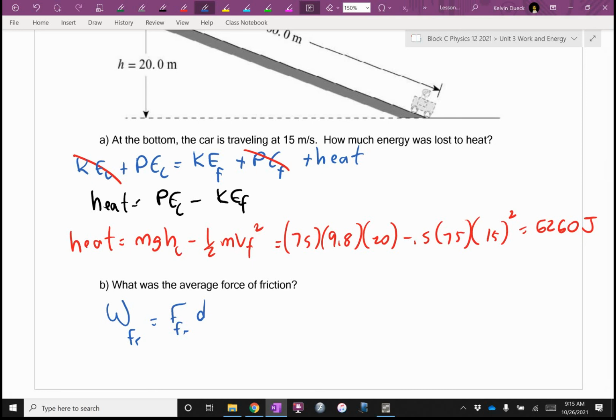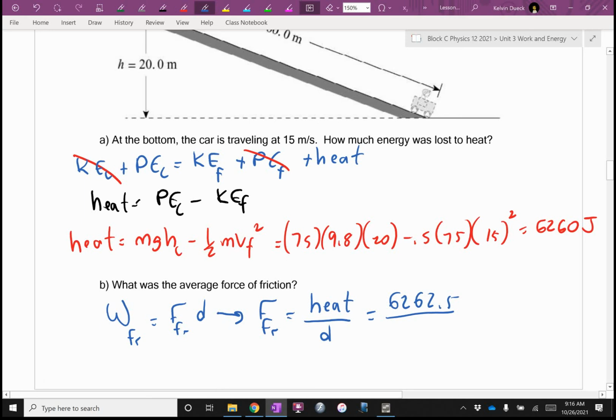Alicia, get the friction force by itself. How will I move the D over? Yep. So yet another way to find the force of friction is going to be heat divided by the distance that the heat is exerting its heat for. So it's going to be 62.5 divided, which distance?